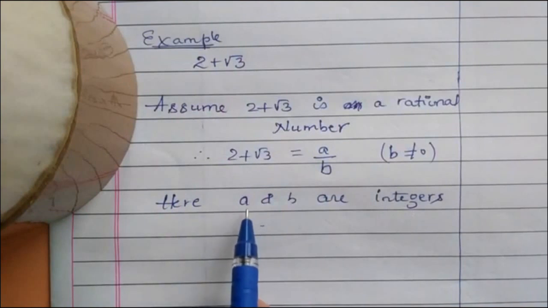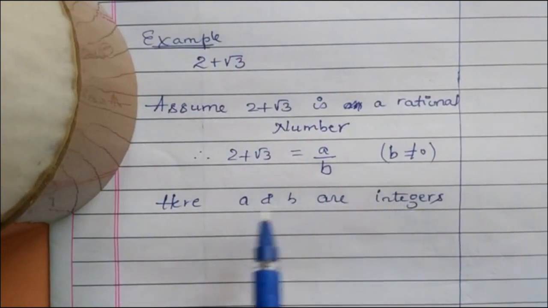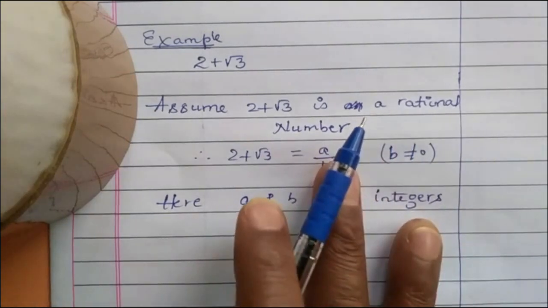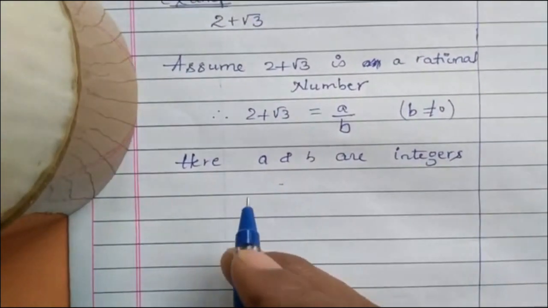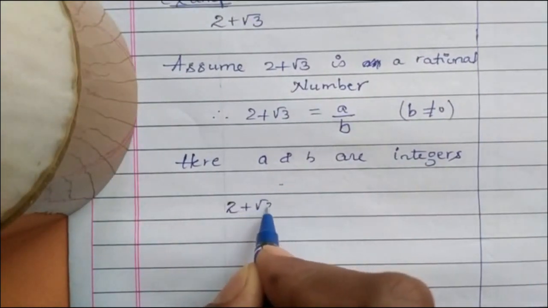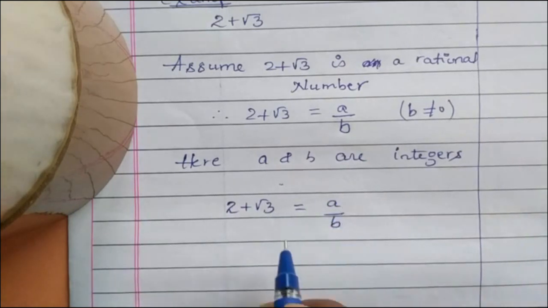But here we don't specify a and b are co-primes. Though a and b may be co-primes also, here let us take a and b as integers. Next step, 2 plus root 3 is equal to a by b.